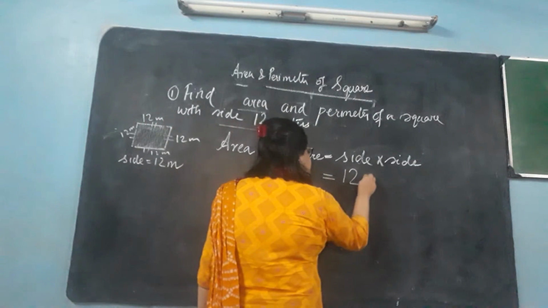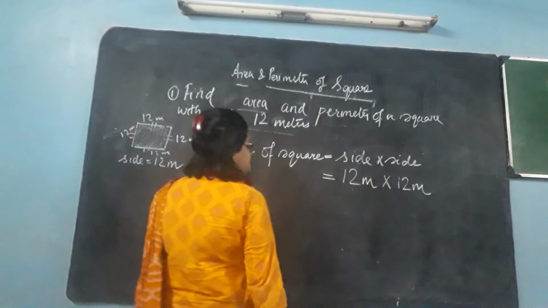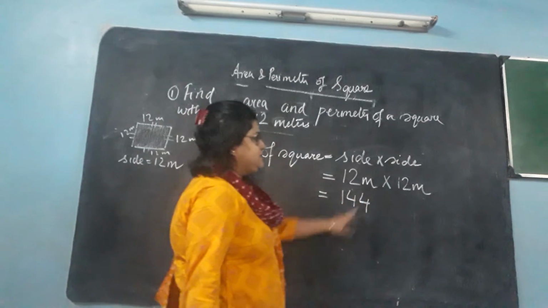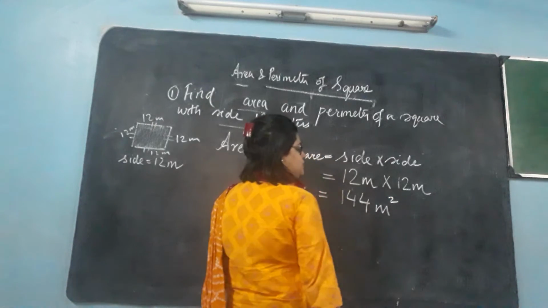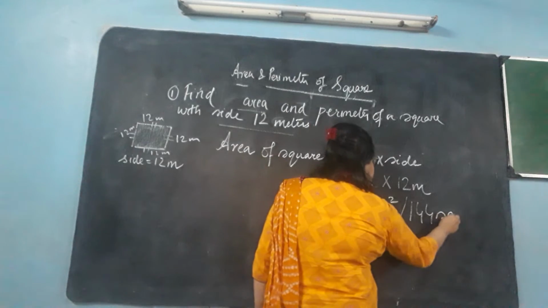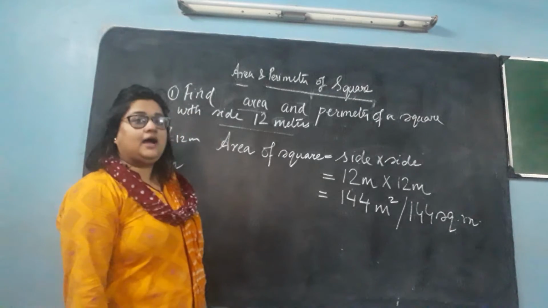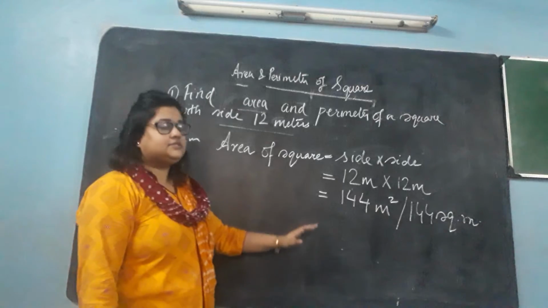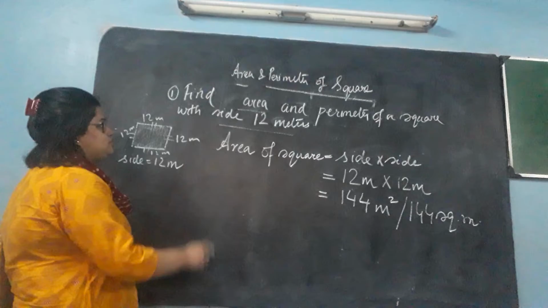So side 12 meter into side 12 meter. 12 into 12 gives you 144. Meter into meter, the unit is multiplied 2 times, so it will be meter square. You can write it like this or write 144 square meters. I also said that area, whatever shape it may be, has square units at the end. So this is the answer to your first question.